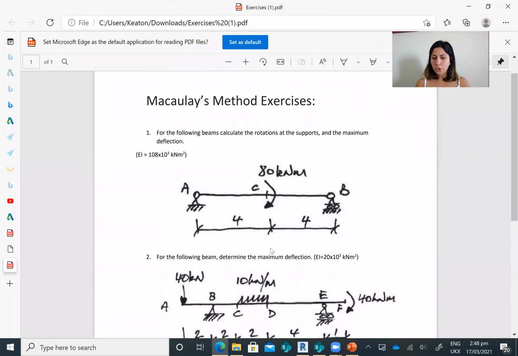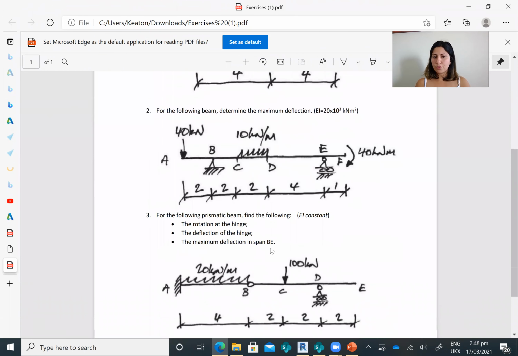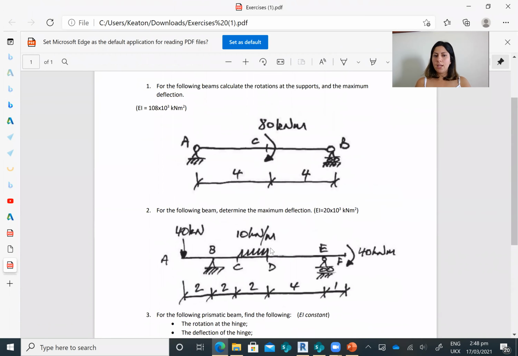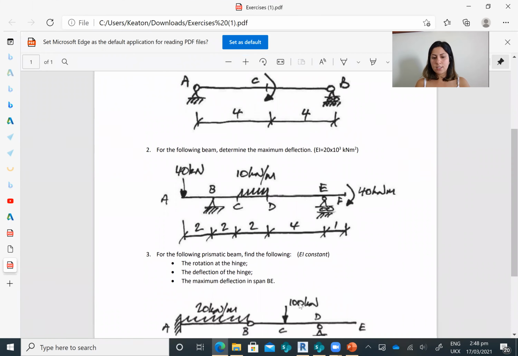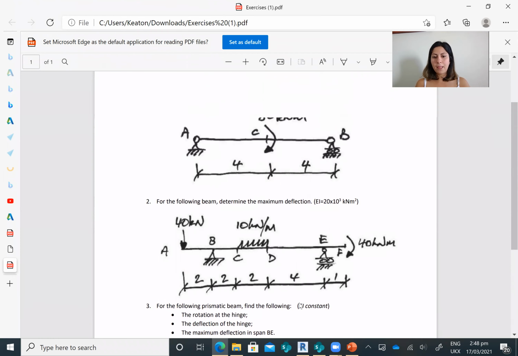I would like you to find theta, which is the rotation, and also delta, which is the deflection of the beam for 1 and 2. Just leave 3 because 3 is a bit more complicated.